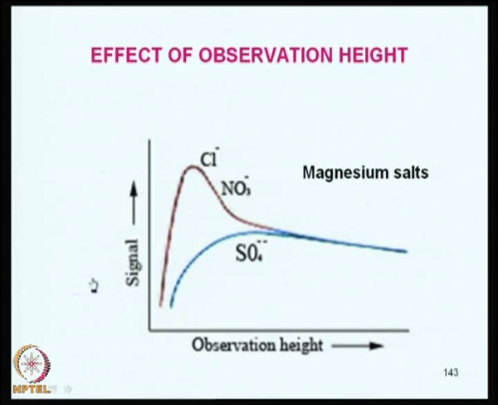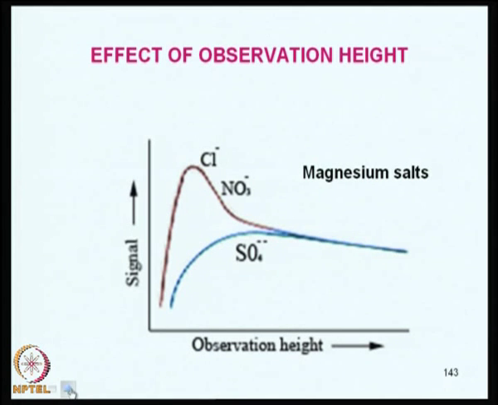This is for magnesium salts. What we have done in this experiment is, we have taken sulphate, chlorides and nitrates and measured the absorbance at 1 centimeter, 2 centimeter, 3 centimeter, 5 centimeter height, and recorded the absorbance. So, the flame height where you make the observation depends upon the salts also.